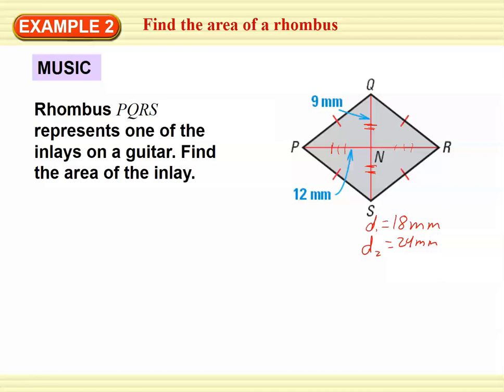So rhombus, we're going to take half of 18 times 24. Half of diagonal 1 times diagonal 2. And you can just type this all into your calculator. If you take 1/2 times 18 times 24.